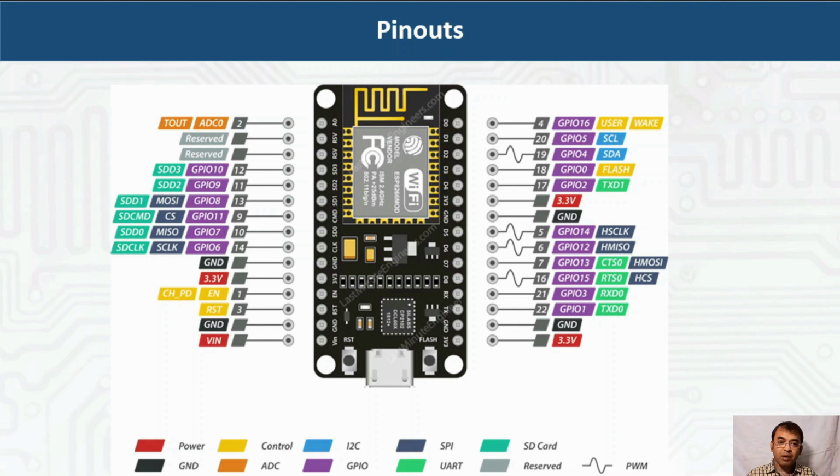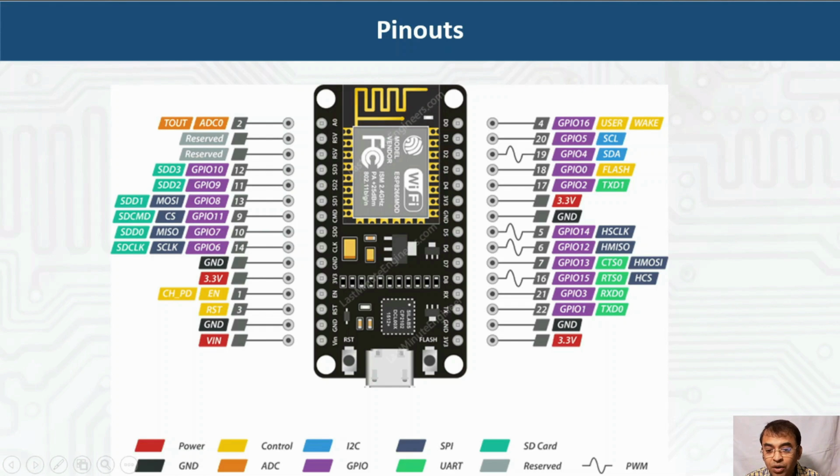This is the pinout diagram. I already told you the ESP8266 NodeMCU has 17 GPIO pins. You can see the different GPIO pins here, and the 3.3 volt and ground, another 3.3 volt and ground. Next we have VIN, where you can give input, ground, 3.3 volt, ground.